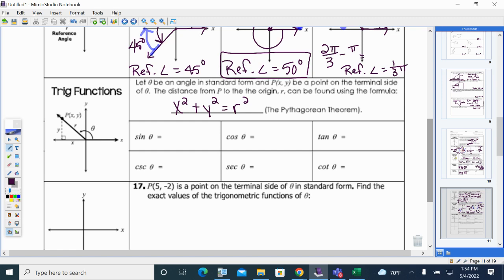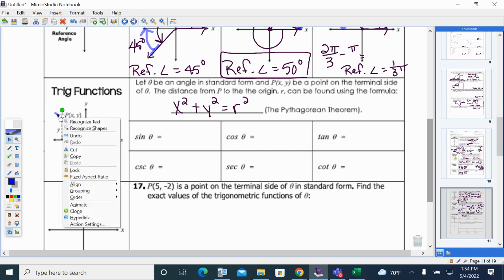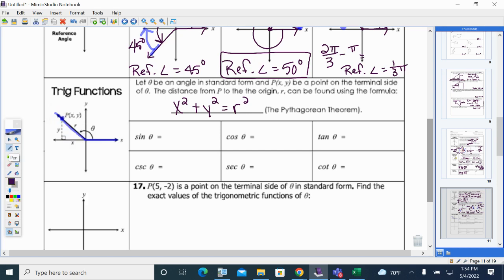So the last part of this lesson is on our trig functions. So let theta be an angle in standard form, and point P, which is ordered pair XY, be a point on the terminal side of theta. So in the picture on the left, you have your angle in standard position. You have point P over here on your terminal side.